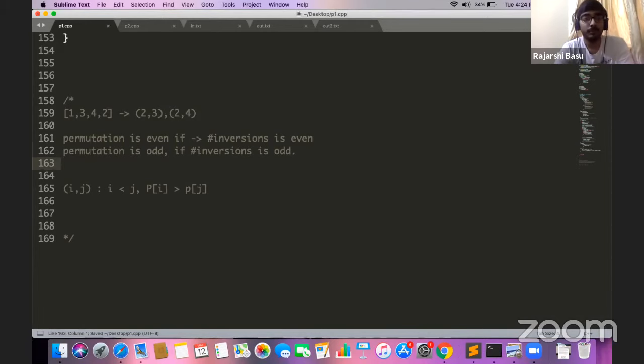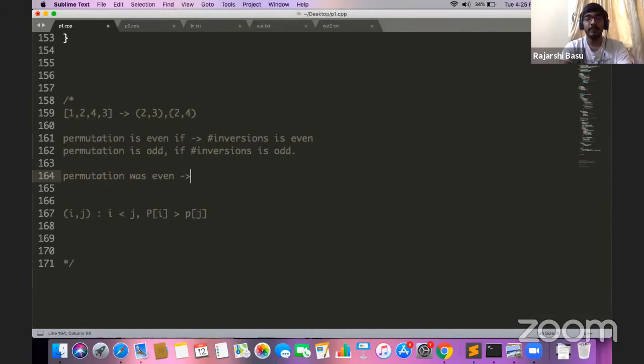Okay. So these two things should be noted. Another thing, when we swap two numbers, so let's say we swapped 3 and 2, so it became like this. The parity of the permutation changes. So if the permutation was even, then we do a swap, then the permutation will become odd.